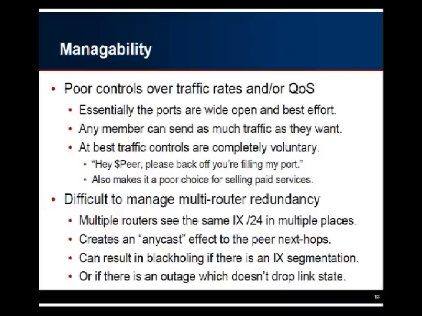And the other issue that we've run across is it's really difficult to manage multi-router redundancy. If you look at how most people connect to an exchange point, they have one router, and it connects to an exchange point. And if they want more capacity, they might add port channels. But it's pretty rare to see people add 2 routers. And there's a reason for that. What happens is you've got this LAN segment, you've got this /24 or whatever it might be, that if you're connecting 2 routers to this one exchange point, you've got this same /24 in multiple places.